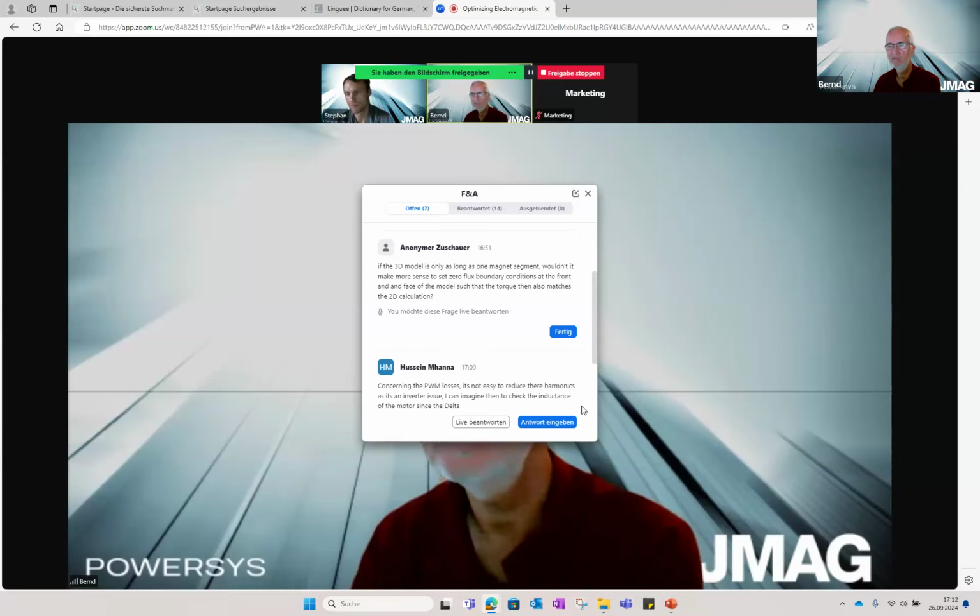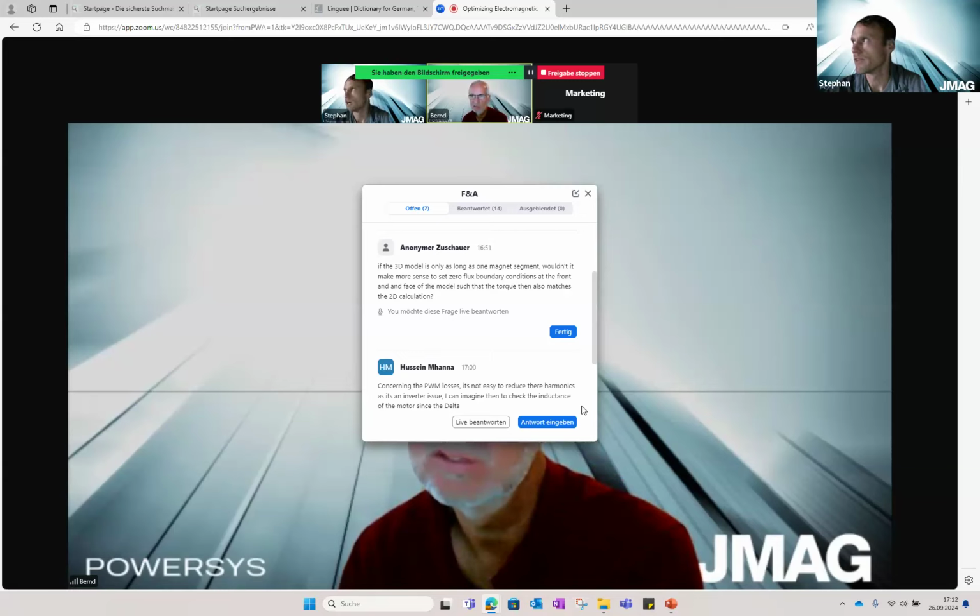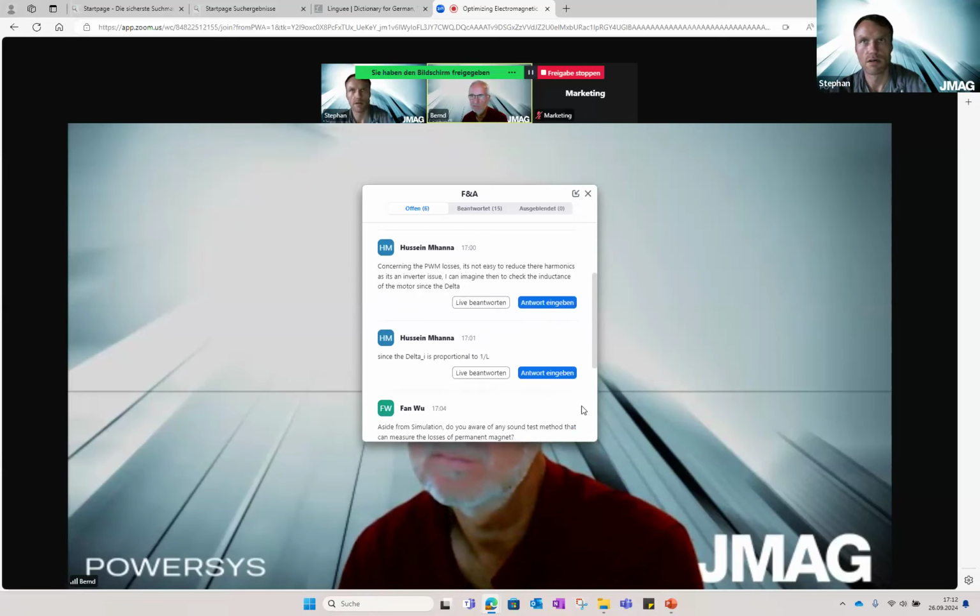And there was another question for the 3D model. If the 3D model is only as long as one magnet segment, wouldn't it make more sense to set a zero flux boundary condition at the front face of the model, so that the torque also matches the 2D calculation? I don't really understand the question, but it's about the boundary condition, I suppose. If you simulate a full machine, then maybe there could be some differences, because the magnet in front has its eddy current and the next magnet will have its eddy current.